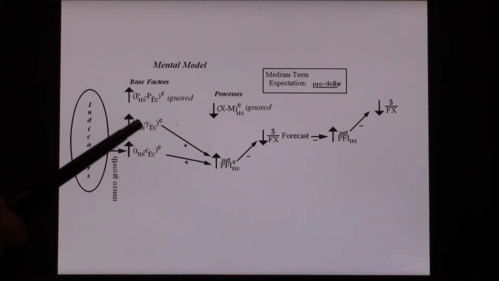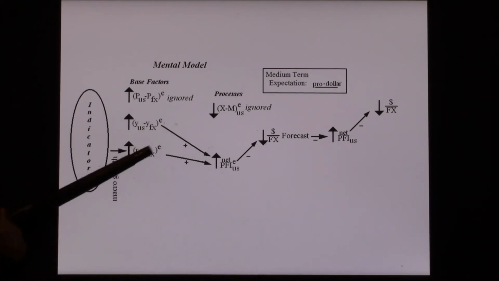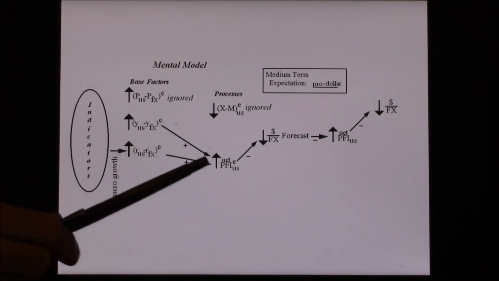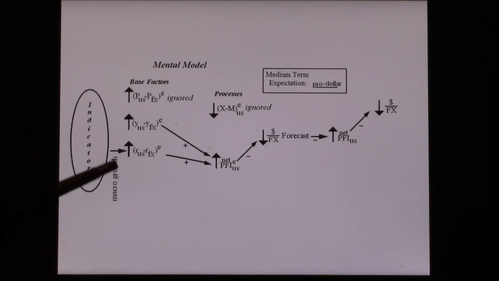Fast U.S. economic growth is taken as a big plus, and the higher interest rates and the potential for even higher interest rates because of the macro growth. Notice we don't have a bandwagon effect here. And you know why? Because bandwagon effects are only obvious when the data have turned one direction, but the currency is still going in the opposite direction.